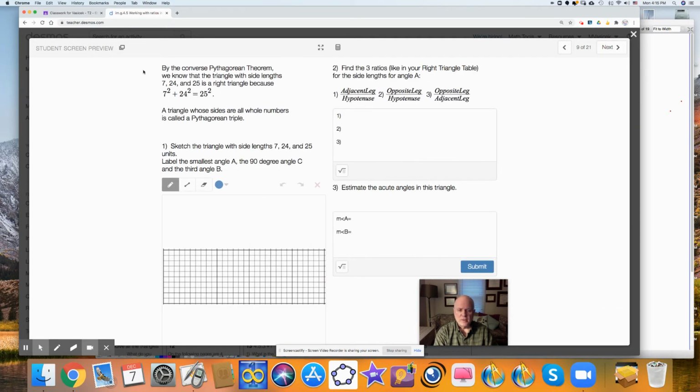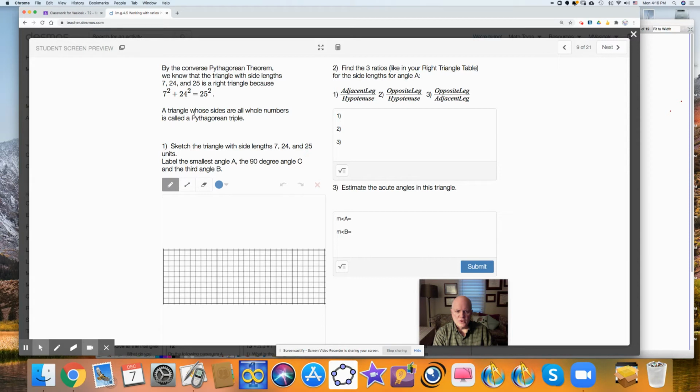So by the converse Pythagorean theorem, we know that a triangle with the side lengths of 7, 24, and 25 is a right triangle. Why? Because if A squared plus B squared is C squared, then it's a right triangle. So 7 squared plus 24 squared, that's 49 plus 576, is equal to 625.